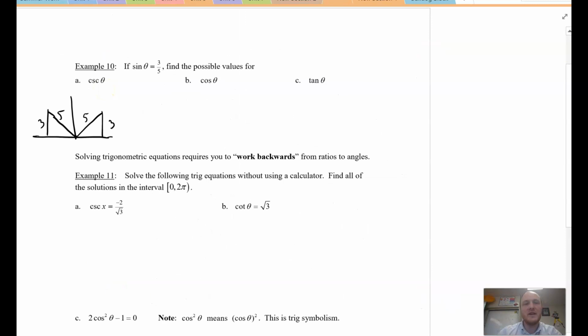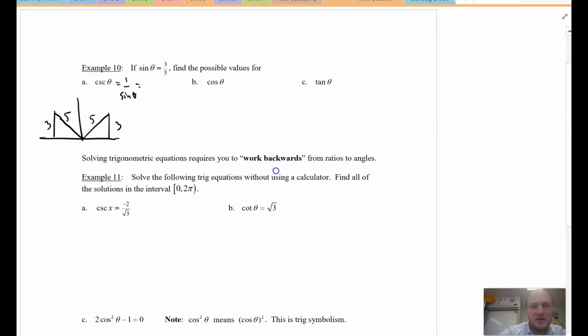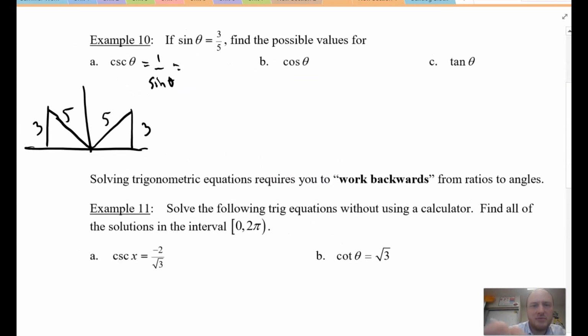Okay, so they want to know what is cosecant of theta. Well, remember that this is 1 over sine theta, so it's just going to be the reciprocal. What is cosine of theta? Well, that's adjacent over hypotenuse. Now notice I'm missing a side.